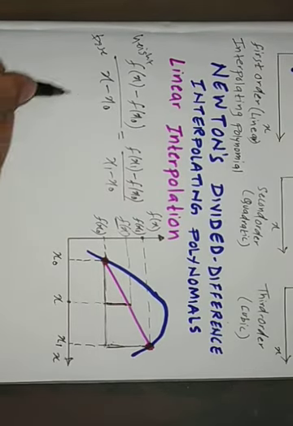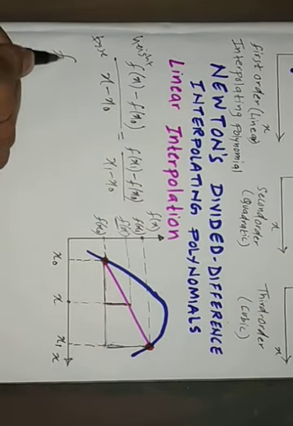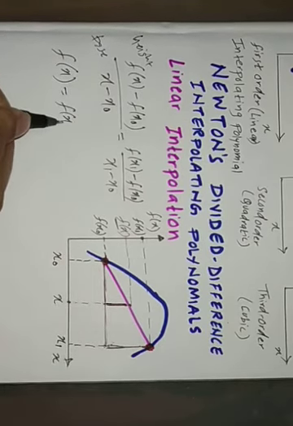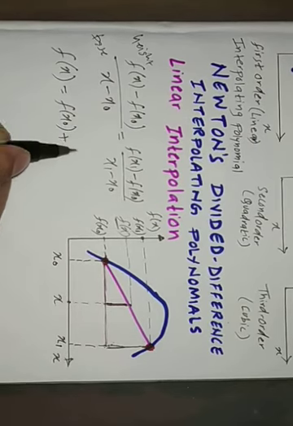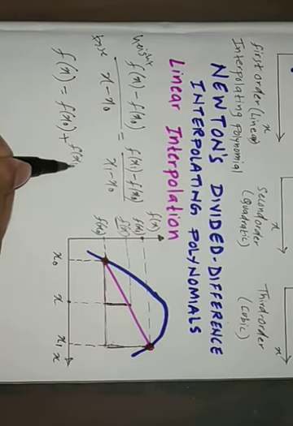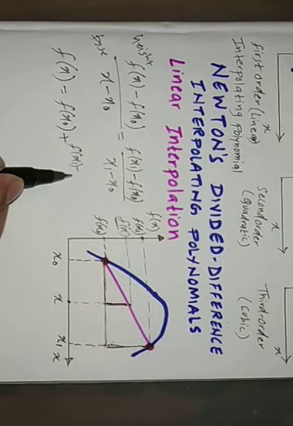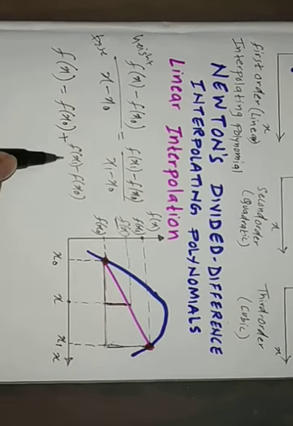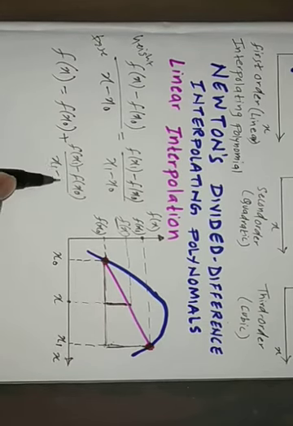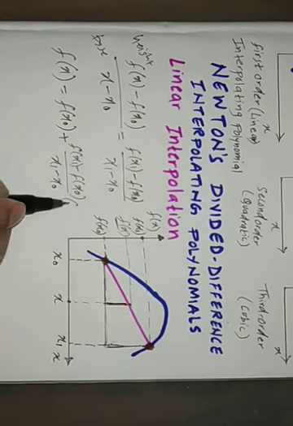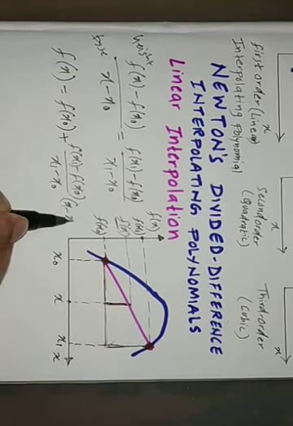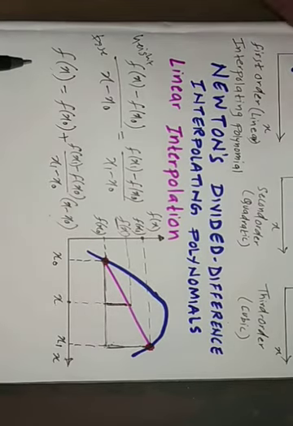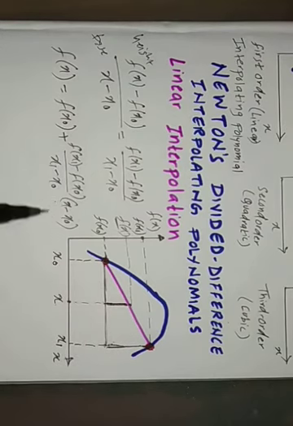After rearranging, f of x is equal to f of x0 plus f of x1 minus f of x0 divided by x1 minus x0, into x minus x0.